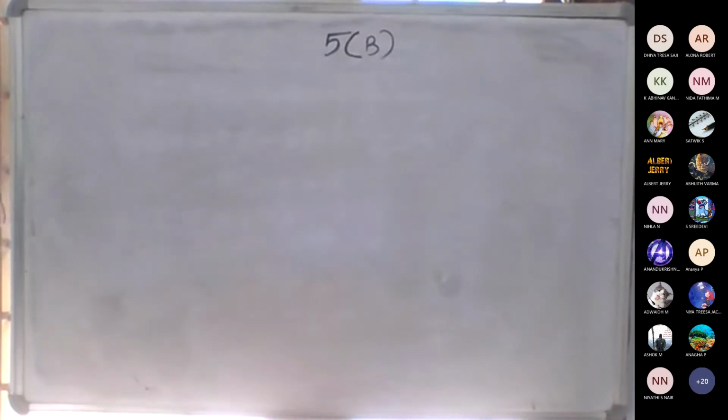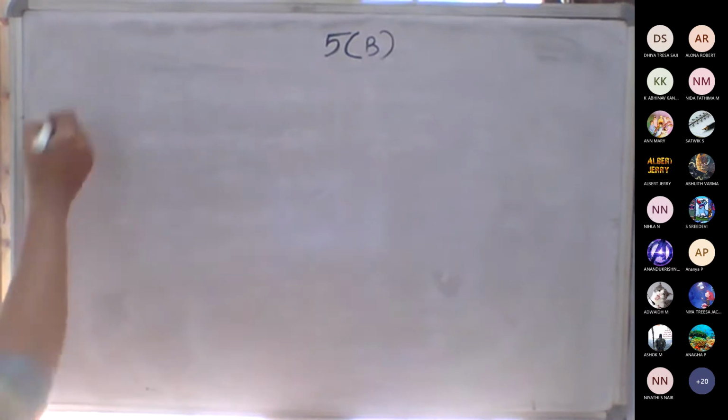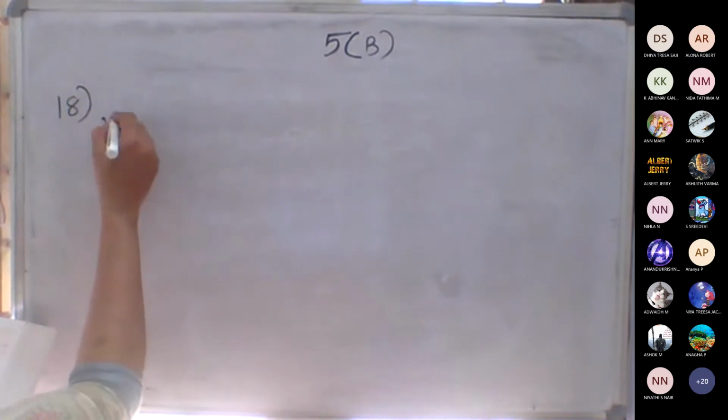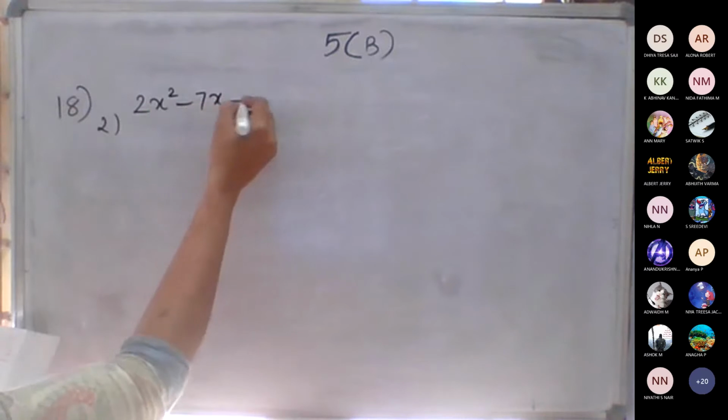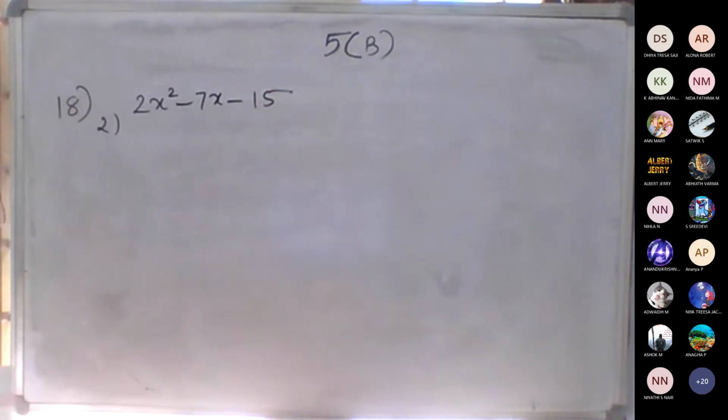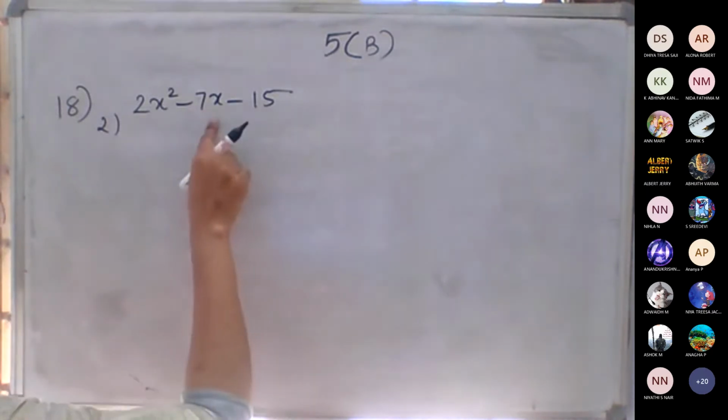Same as the previous question, we have to write, comparing 2x square minus 7x minus 15 with ax square plus bx plus c.